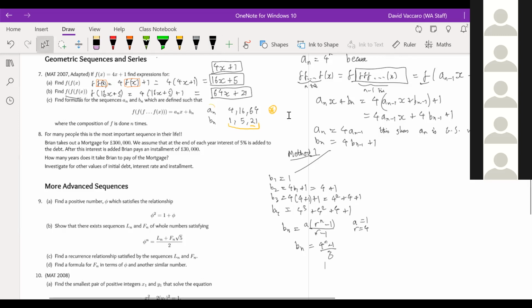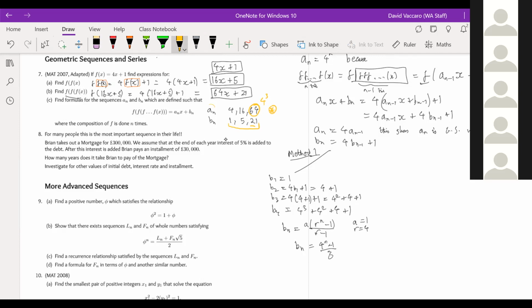Okay, does that work? If I consider the number 64, that's 4 cubed. bn should be 4 cubed take away 1 divided by 3. And 64 take away 1 is 63, divided by 3 is 21.